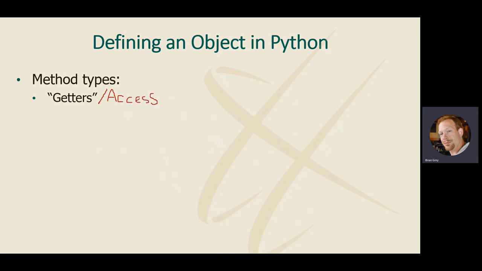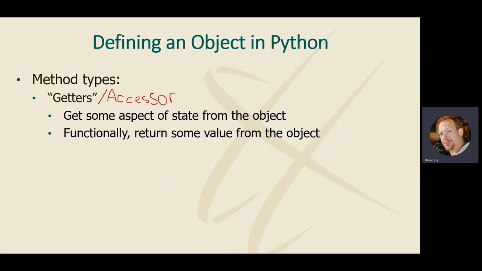You'll hear me refer to either, right? Like the names imply, it gets some aspect of the state from the object, or it accesses things, right? It functionally returns some value from the object, but there might be light processing involved, right?